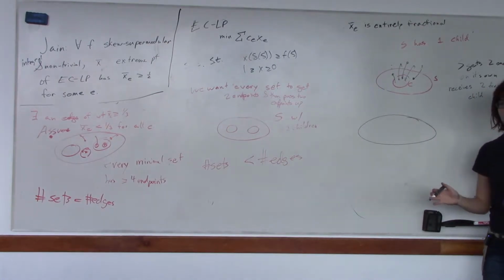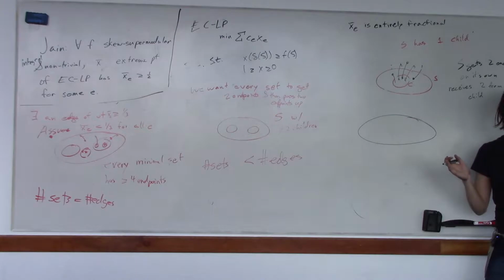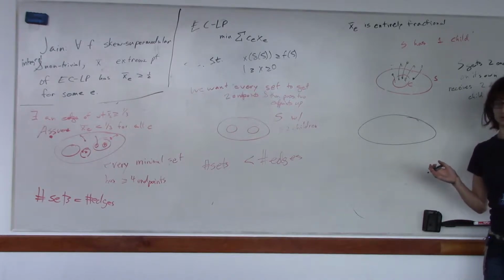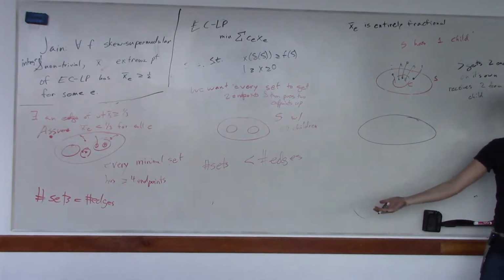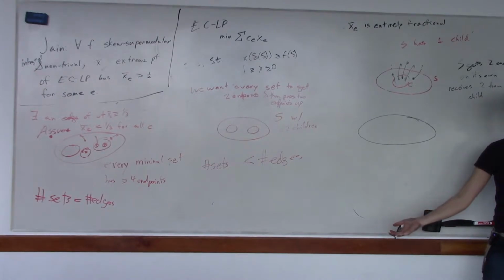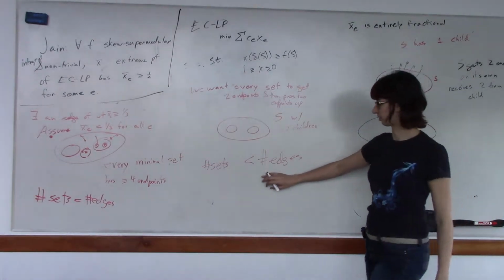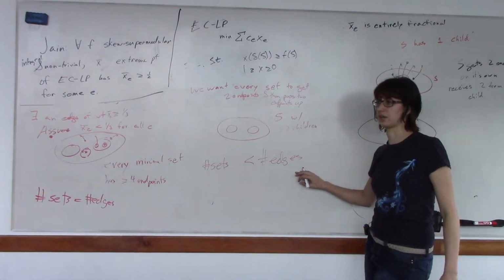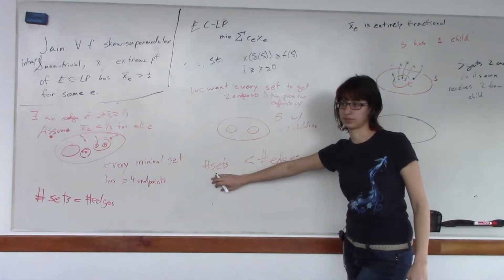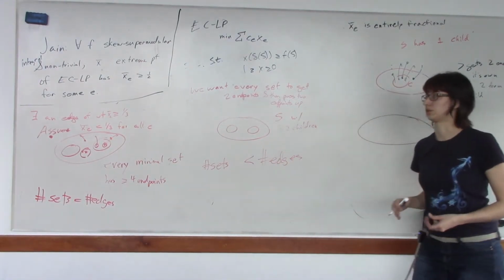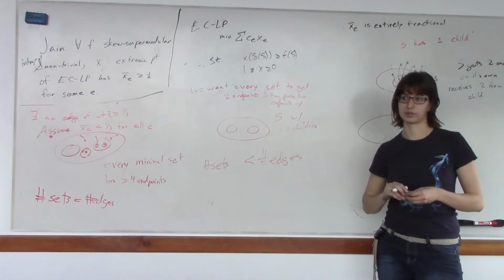He's going to be able to receive 2 and pass 2 up. So somehow I have 2 endpoints sitting around, and every set got 2 endpoints. So that means the number of edges I have has to be strictly greater than the number of sets, which contradicts the fact that we were working with an extreme point.